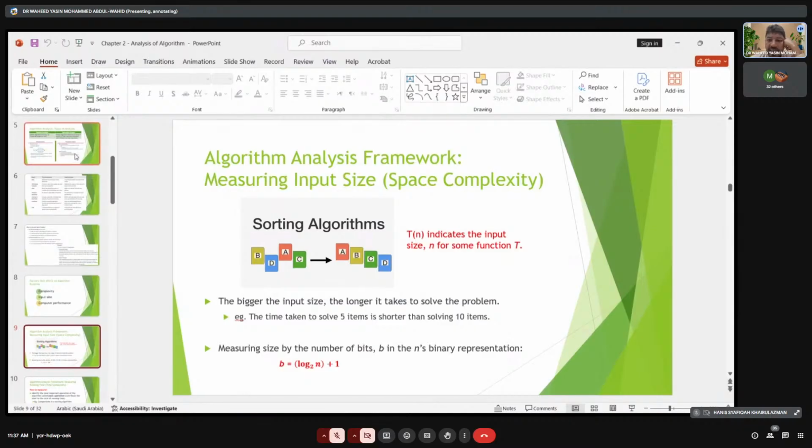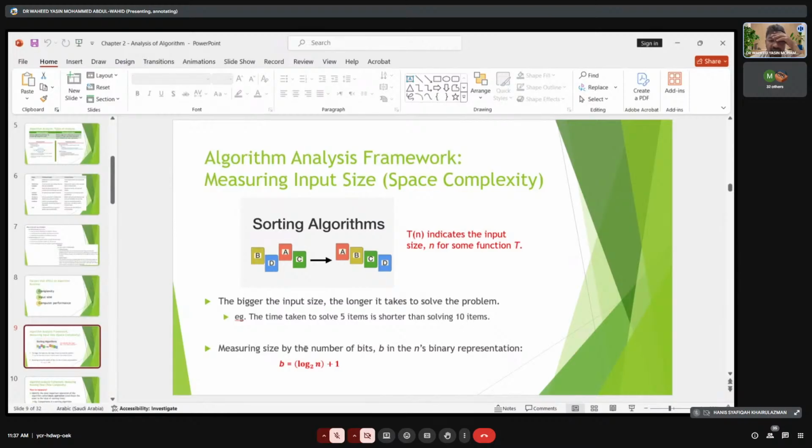T(n) indicates the input size n for some function T. For example, in a sorting algorithm, the bigger the input size, the longer it takes to solve the problem. Example: the time taken to solve 5 items is shorter than solving 10 items.